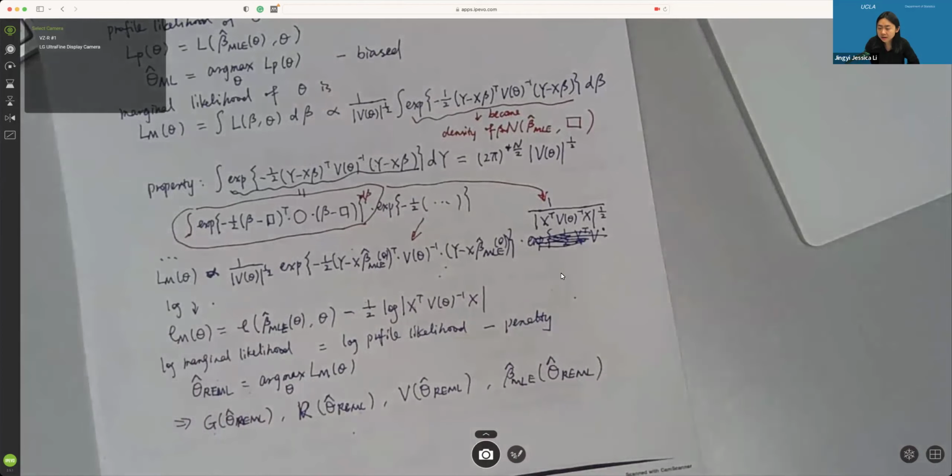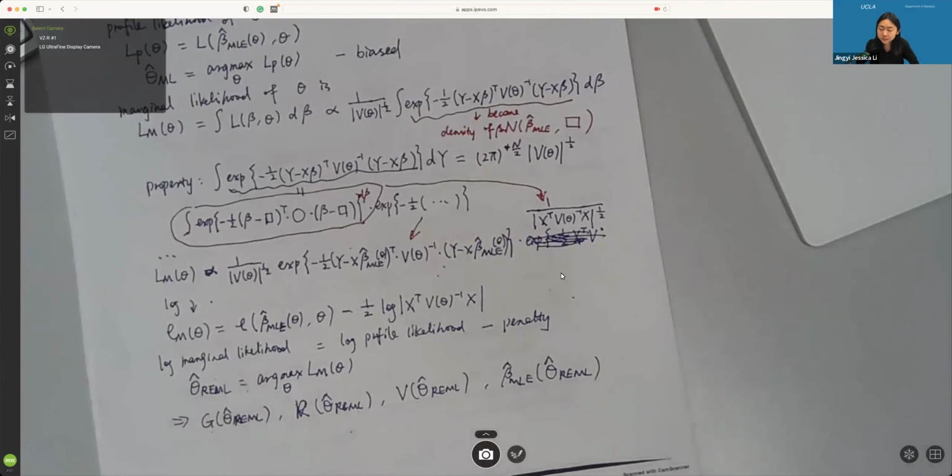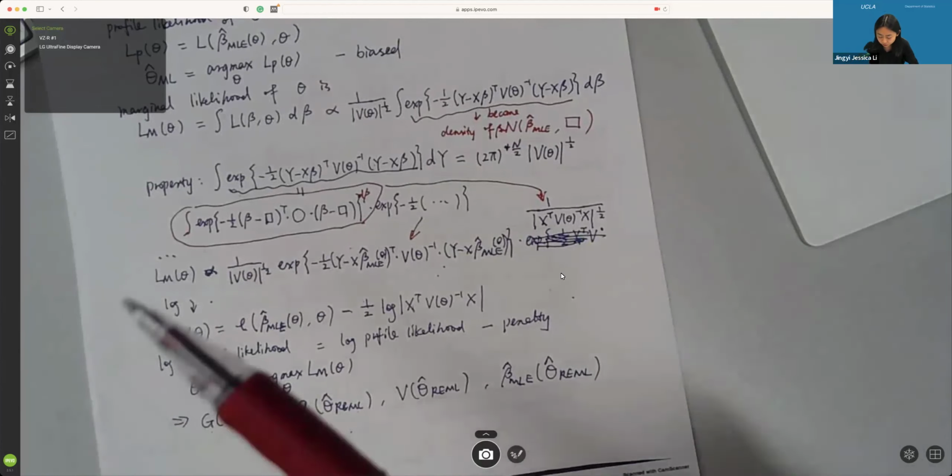So in this linear mixed model literature, we have two estimators of theta. One is restricted ML, REML. The other is the real ML. Okay, so they are not equal to each other, but they have some different properties that we may use one or the other. I made a mistake last time, but I want to correct it.